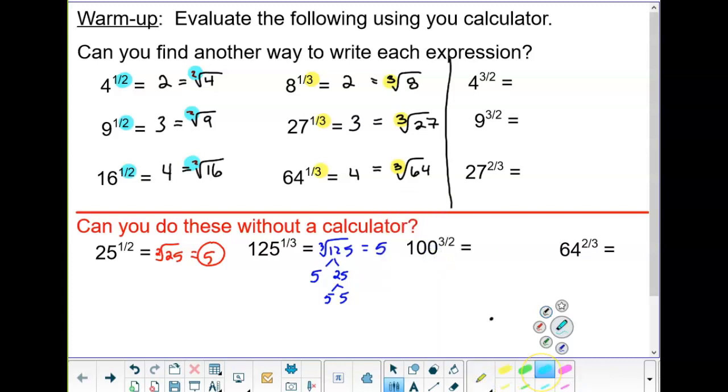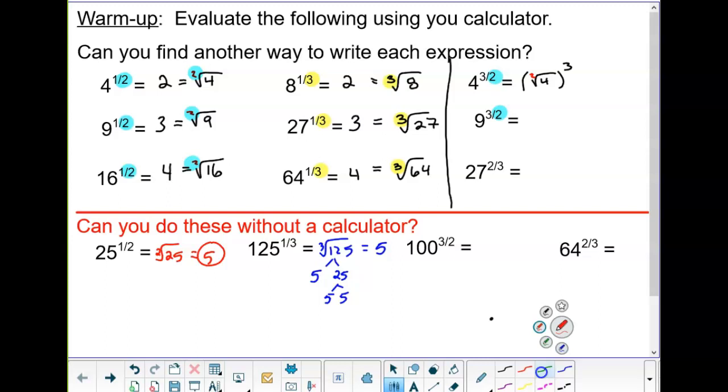We're going to take the rule that we saw with the square roots, and see how I have a divide by 2 here? The 4 divided by 2 is the same as the square root of 4. So that blue highlighted part is the exact same thing as the square root of 4.